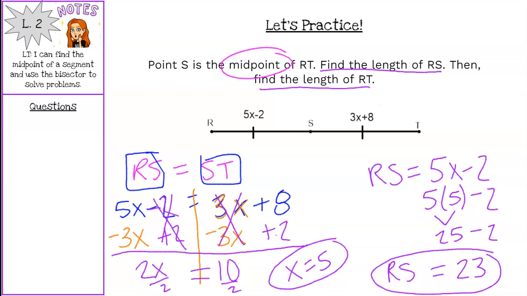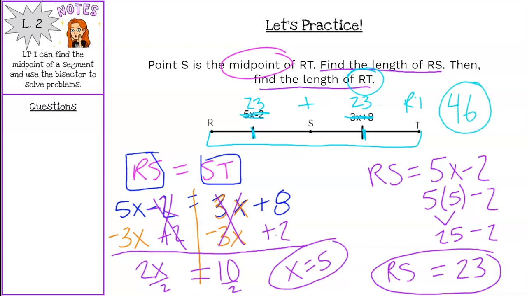So if RS is 23, then I know that ST is also 23 because they are congruent, which means they have the same measure. So then if I want the length of RT, the whole segment, I would just need to add the two measures together. 23 plus 23 is 46. So RT equals 46.